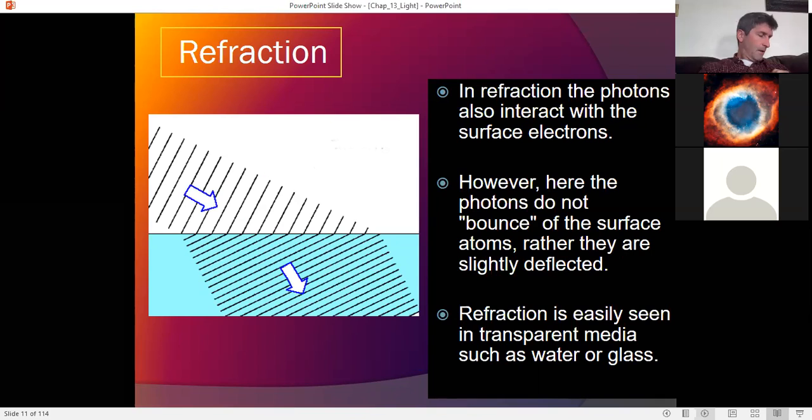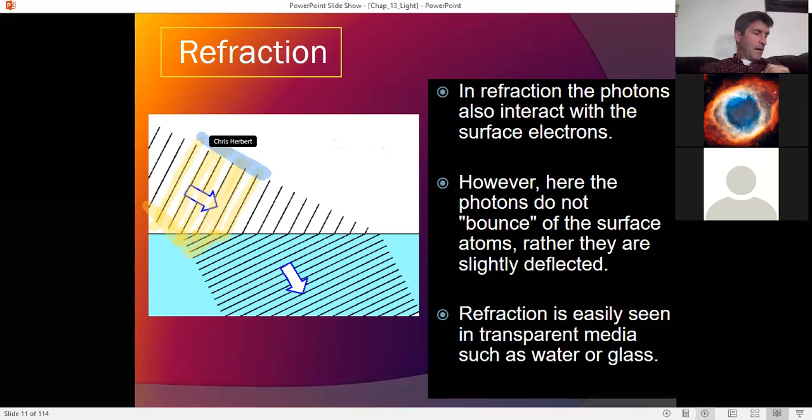Now, this is a little bit difficult to follow. But if you think about the light waves as being these ripples going through space, coming in, coming in, coming in. If we can slow down the light and cause it to go at a lower velocity, it will actually slow down this side first, and then slow down this blue side last.